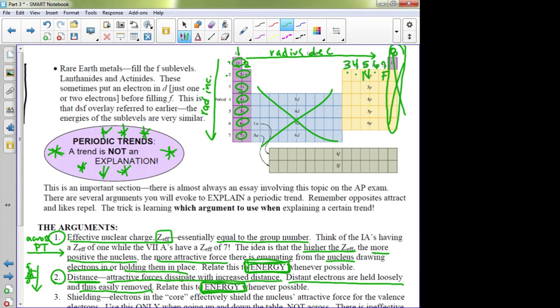So every time I go down a period, I've added a whole nother energy level. So I've added a whole nother energy shell, which means the size of my atom keeps getting bigger and bigger and bigger, which means the distance of my electrons from the nucleus keeps getting larger and larger, which means the attractive force between those electrons and the nucleus is getting weaker and weaker.